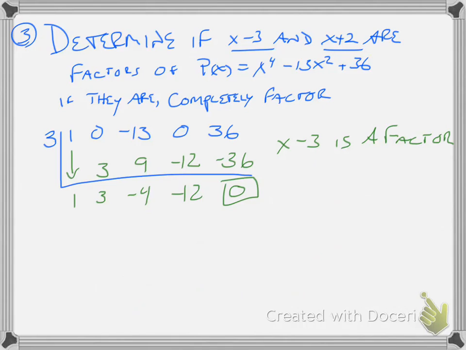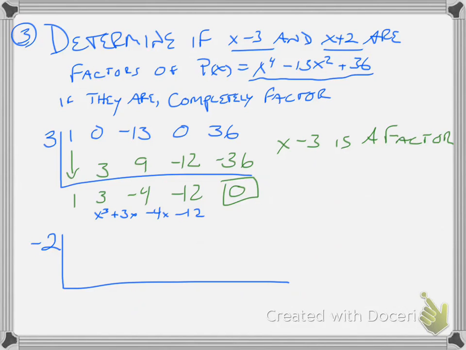So now I'm going to divide by x plus 2, which means I'm going to use negative 2 in the synthetic division. But instead of doing it from this quartic, I'm going to use my new cubic that I got from the last synthetic division.